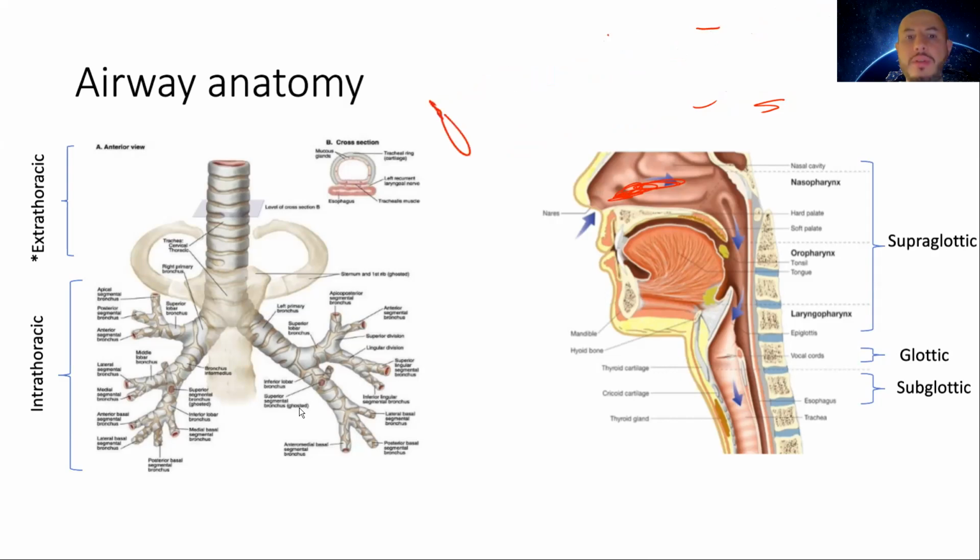The second concept, I would like to make sure you understand. For the upper airway, we classify the obstruction into extrathoracic and intrathoracic. Anything inside the thoracic cavity is called intrathoracic. Anything above the thoracic cavity, we call extrathoracic. Why is it important?